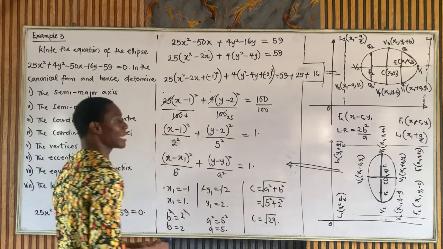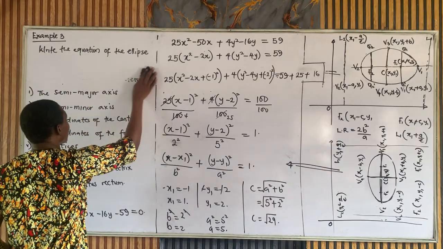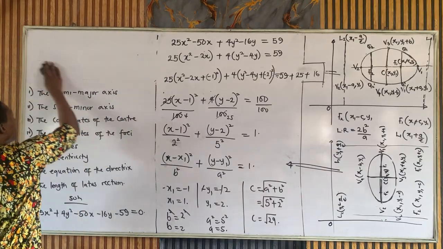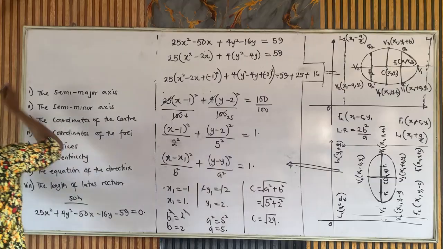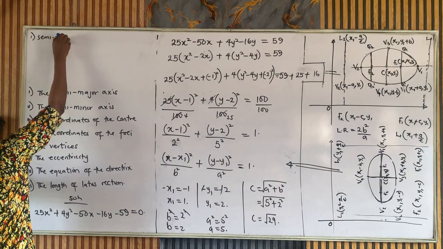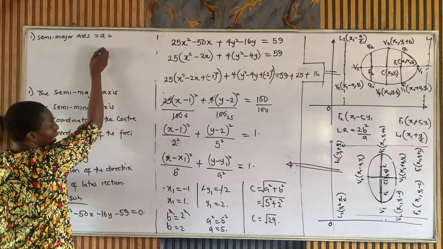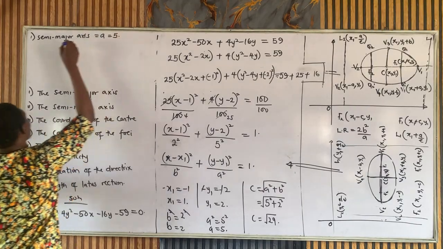Having gotten this now, let's get the other things we have to get in this ellipse. Let's begin with the very first one. Number 1, semi-major axis. That's simply equal to a, and our a is 5. That's good to go.